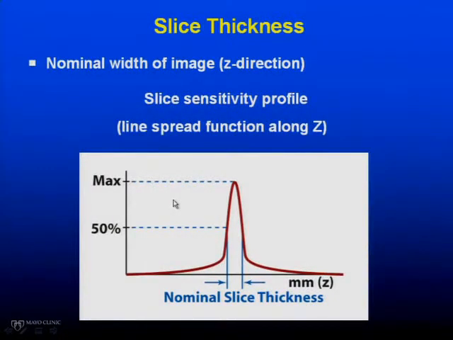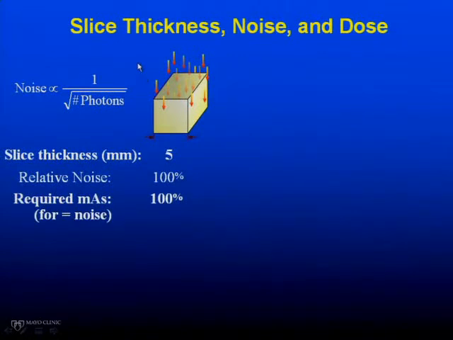The slice thickness is the nominal width of the image along the Z direction, which can be characterized by a slice sensitivity profile, showing this example. This slide shows how the slice thickness is related to the noise and radiation dose.